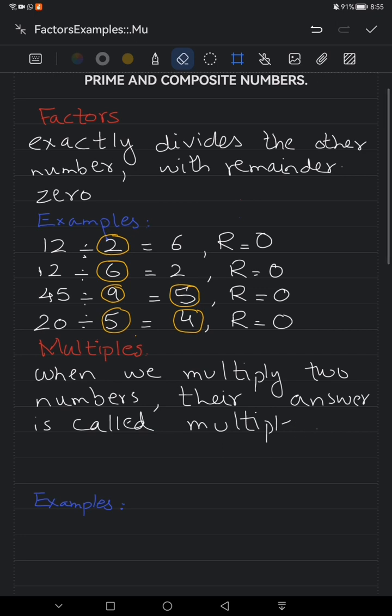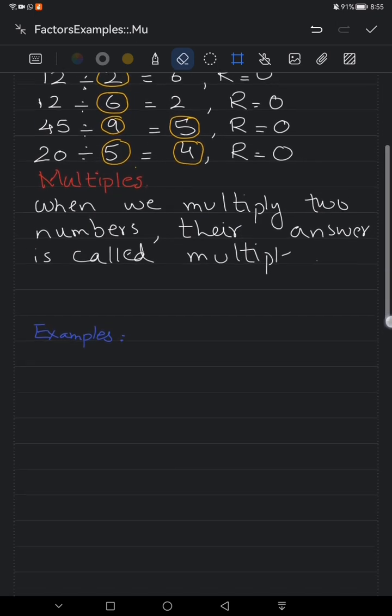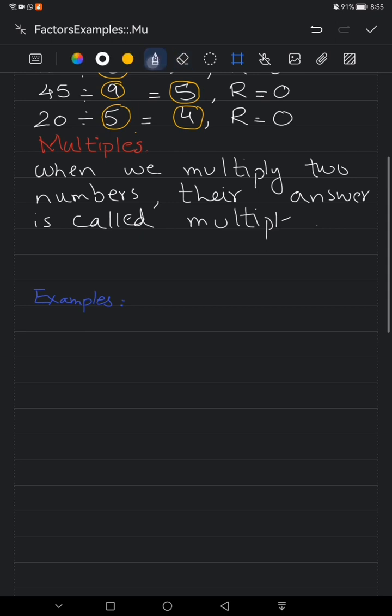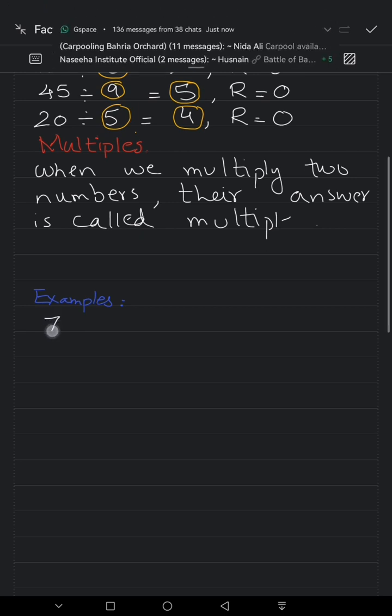For example, if I multiply 7 by 3, the answer I get is 21.